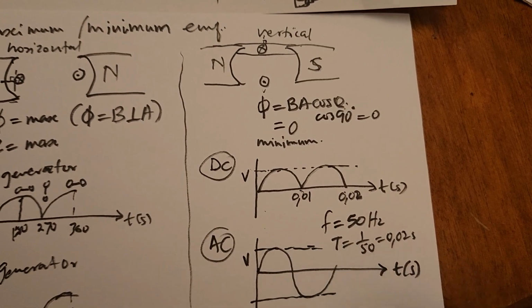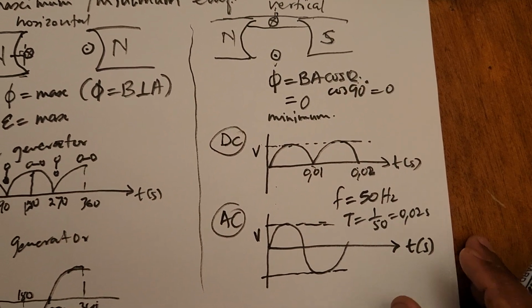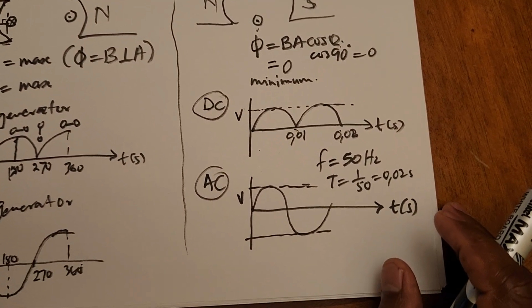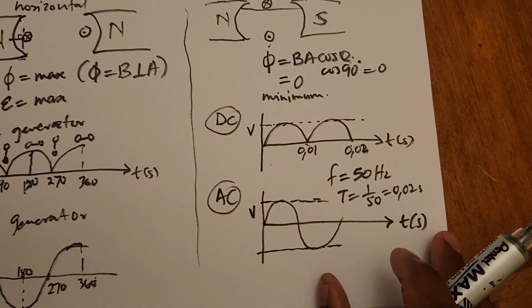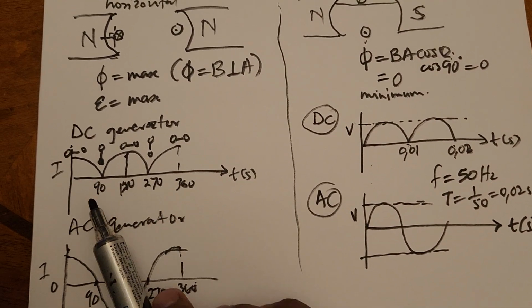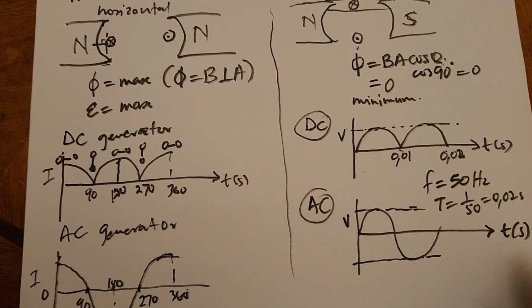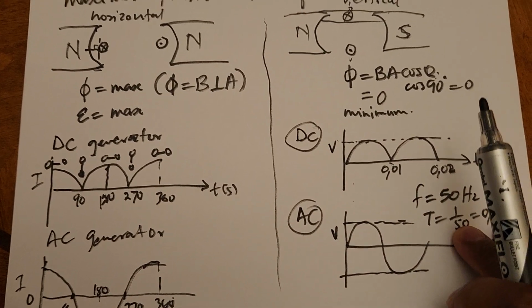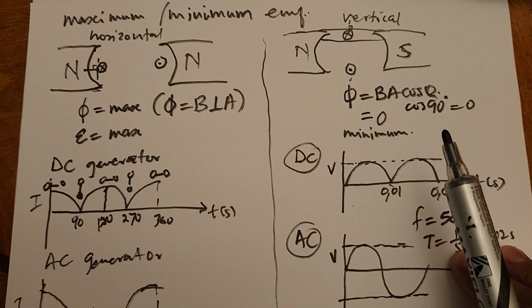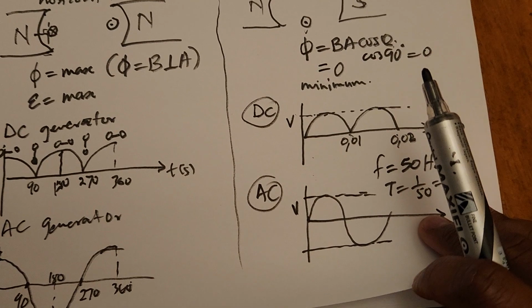You can use the word output or maximum, it's one and the same thing. That is in a nutshell the two graphs. Be careful when we start from maximum and when we start from minimum, the difference there and the shape of the graph.